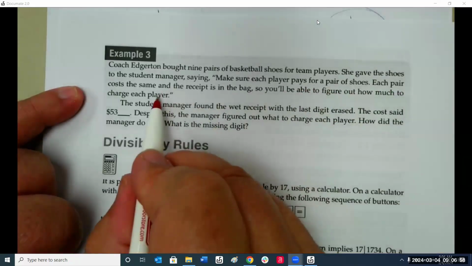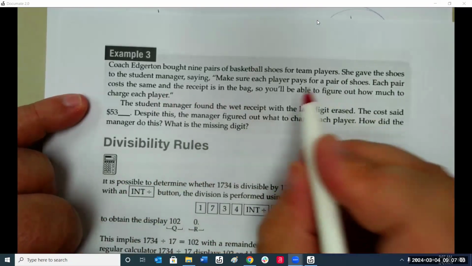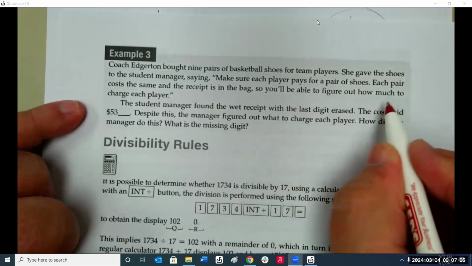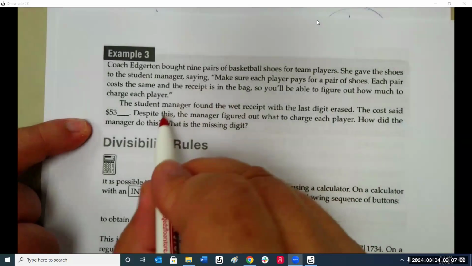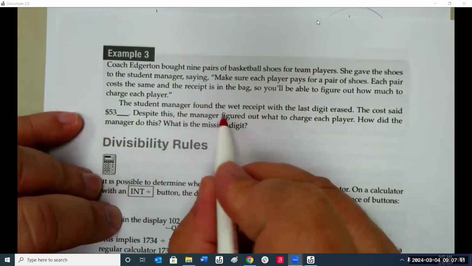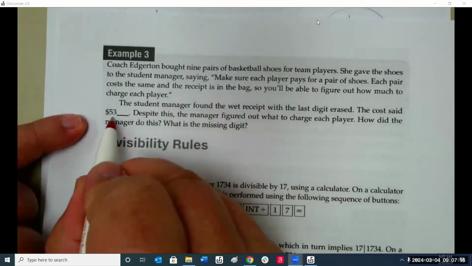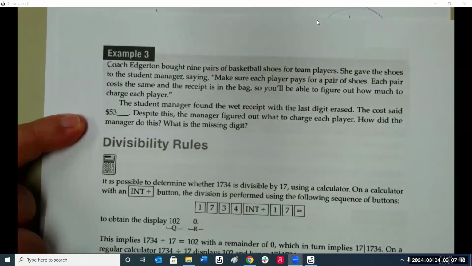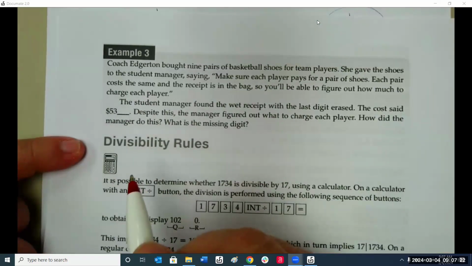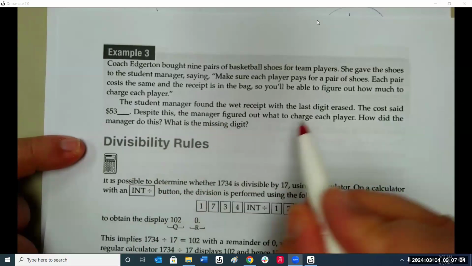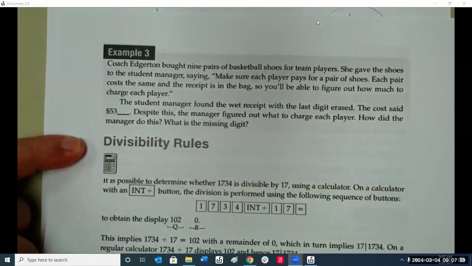Each pair costs the same, and the receipt is in the bag, so we'll be able to figure out how to charge each student. The student manager found the wet receipt with the last digit erased. The total cost said 5-3 blank. Despite this, the manager figured out what to charge each player. How did the manager do this? What's the missing digit?